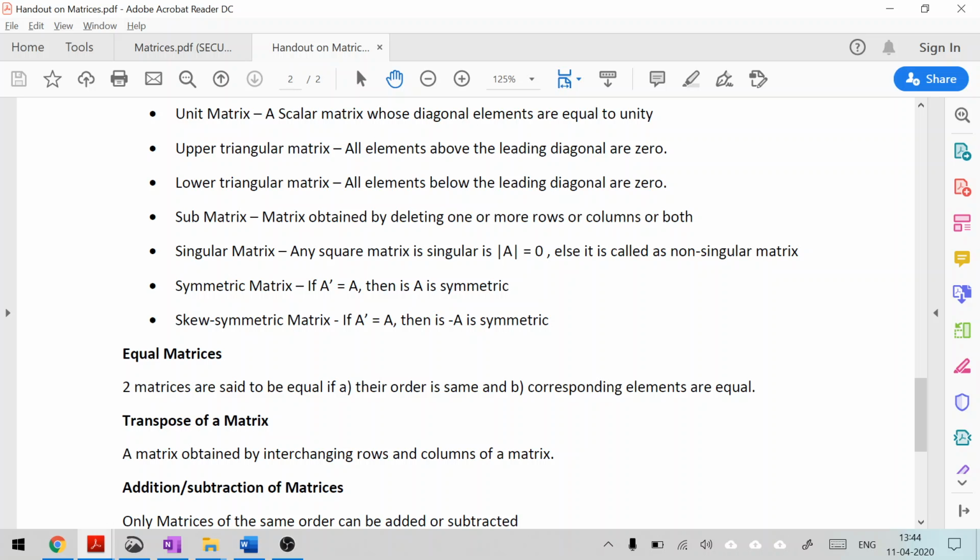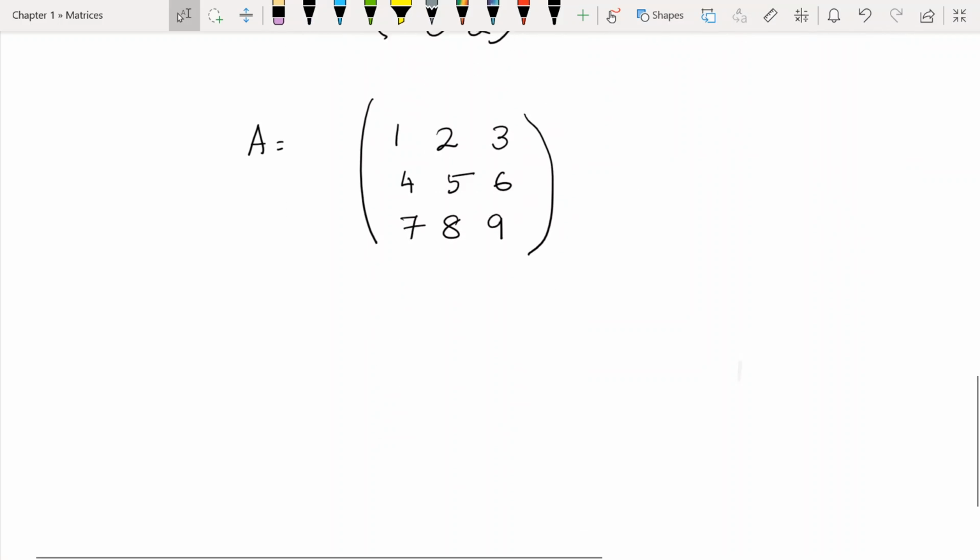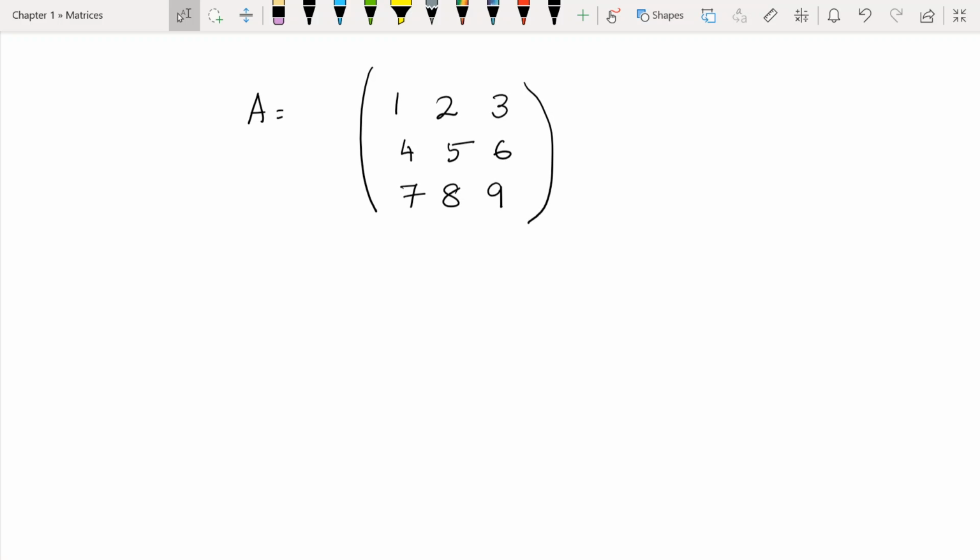Okay. What about symmetric and skew symmetric matrices? What is a symmetric matrix? You have a matrix A. Let's say 1, 2, 3, 4, 5, 6, 7, 8, 9. I'm just randomly writing it.